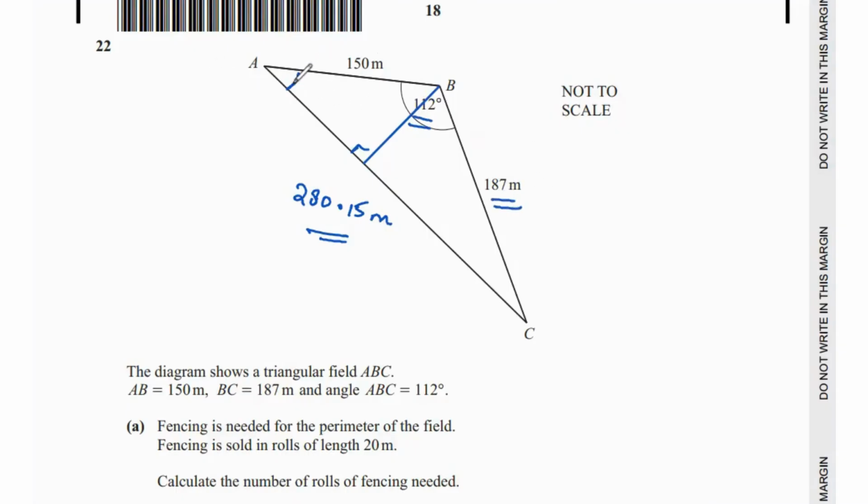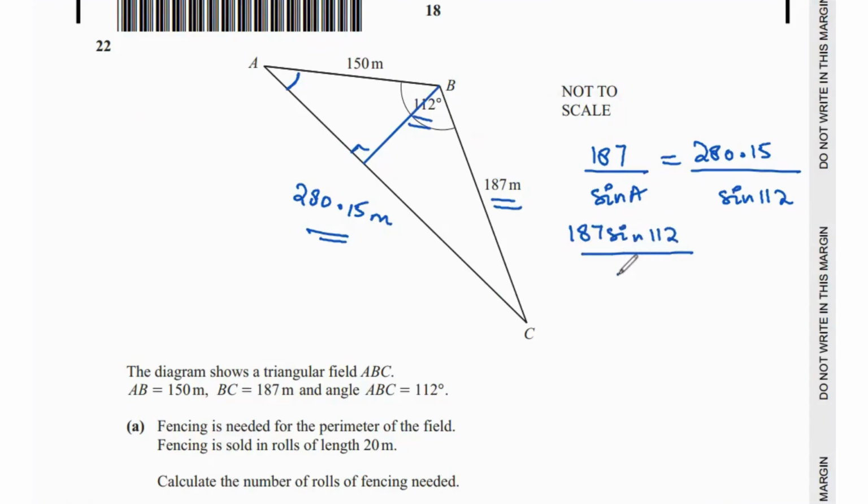We want to find its corresponding angle, which is angle A. So we can say that 187 divided by sine of A equals 280.15 divided by sine of 112. So 187 times sine of 112 divided by 280.15 equals sine of angle A.